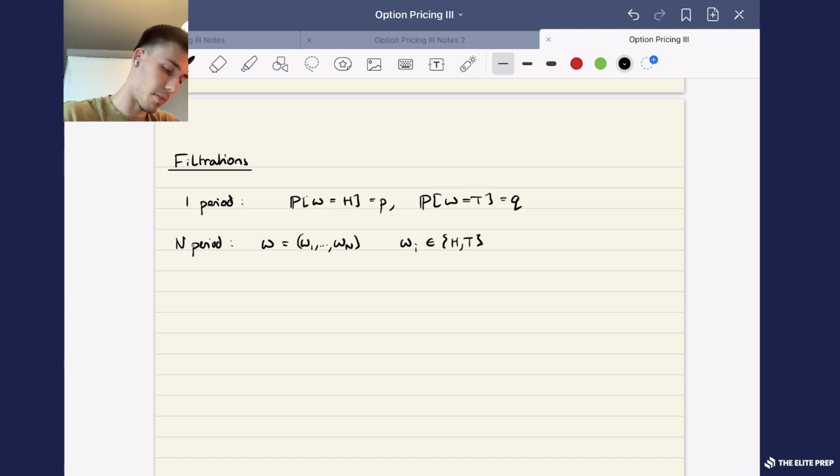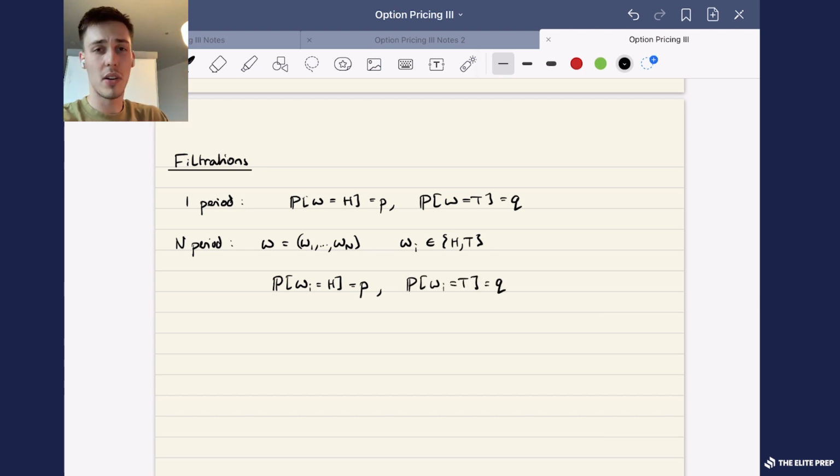So probability of omega_i equals heads equals P, probability of omega_i equals tails equals Q. For more generality, you could write p_i and q_i, but it doesn't really matter. You can adapt the steps very easily to that case as well.